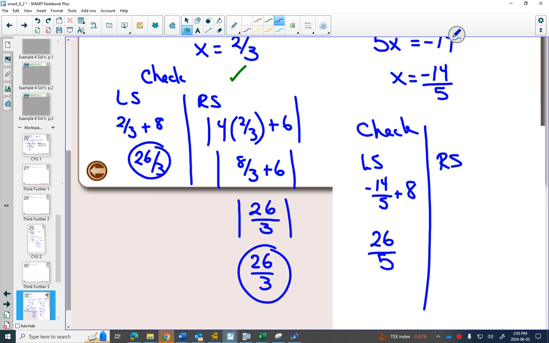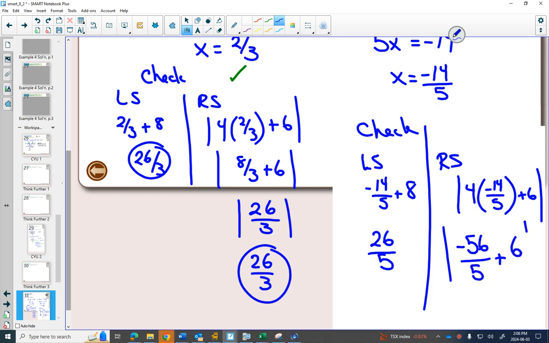And my right-hand side would be 4 times negative 14 over 5 plus 6. 4 times 14 is negative 56 over 5 plus 6.